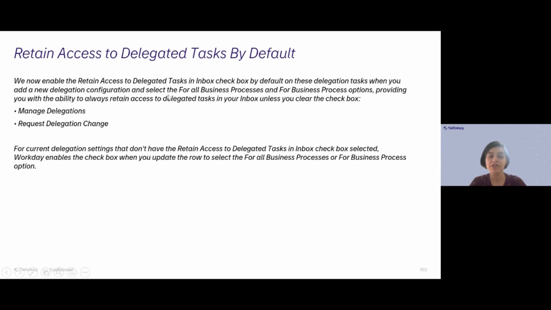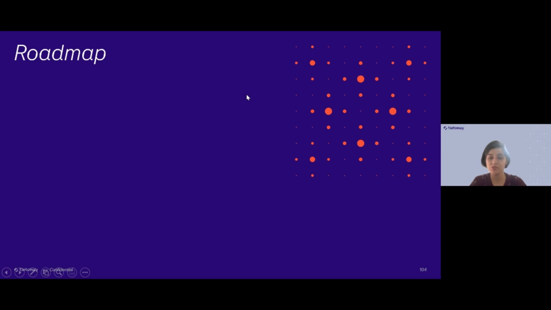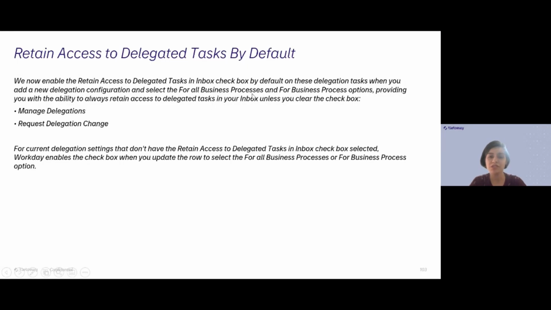So when you are selecting the all business processes option and the business process options, you will always have the retain access unless you clear these two checkboxes.